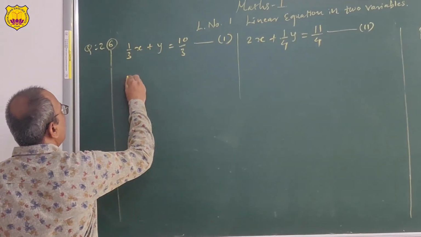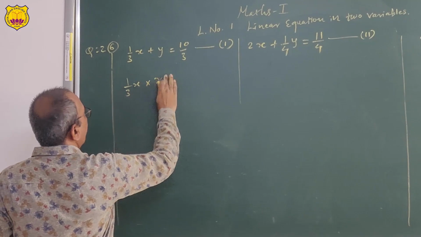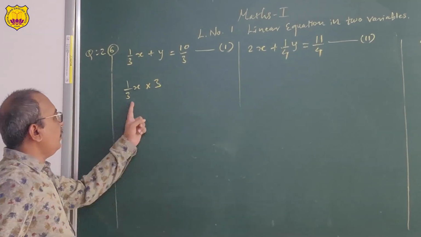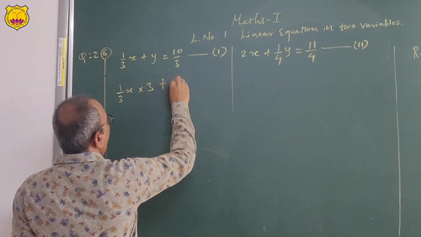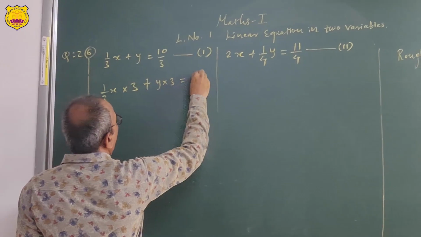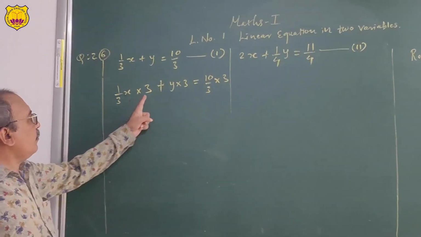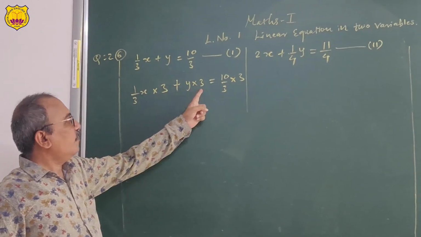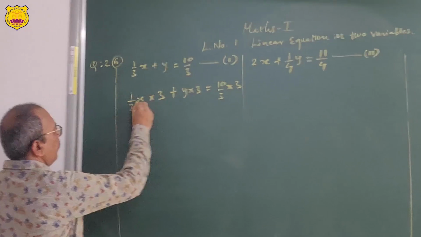So the first term is 1/3 x multiplied by 3, that is the denominator, plus the second term is y multiplied by 3 is equal to 10/3 multiplied by 3. So each term should be multiplied by 3, so that this 3 will get cancelled.